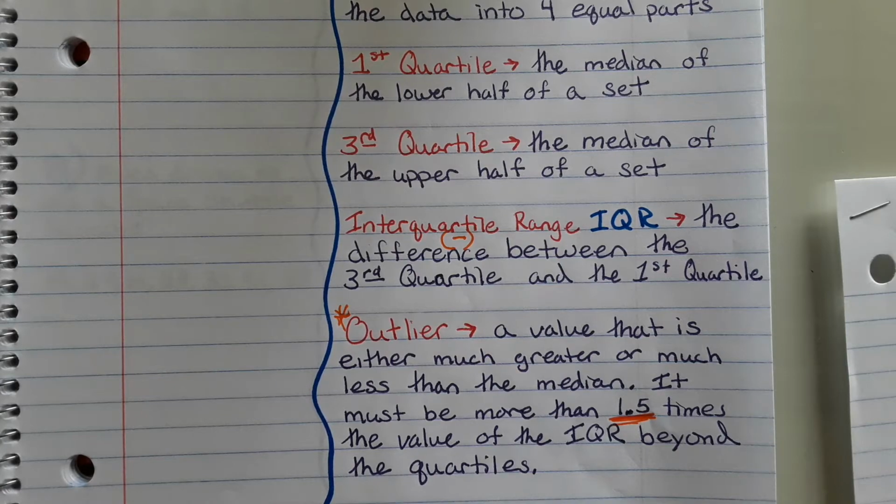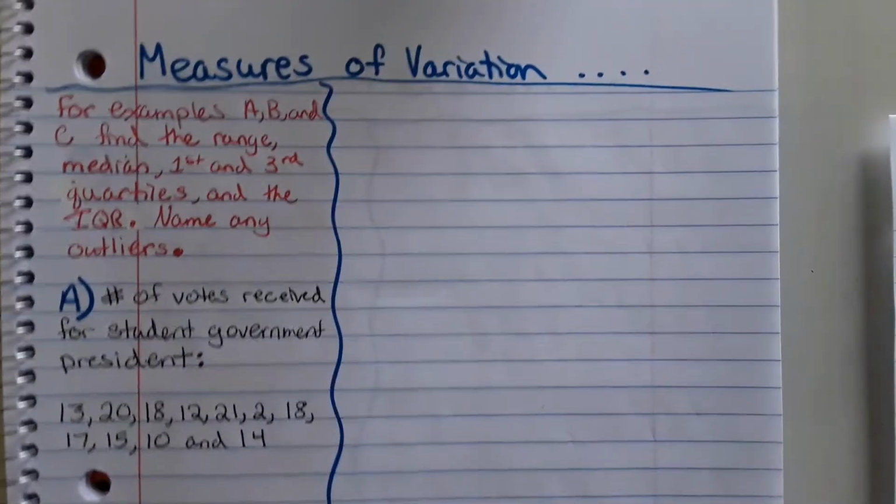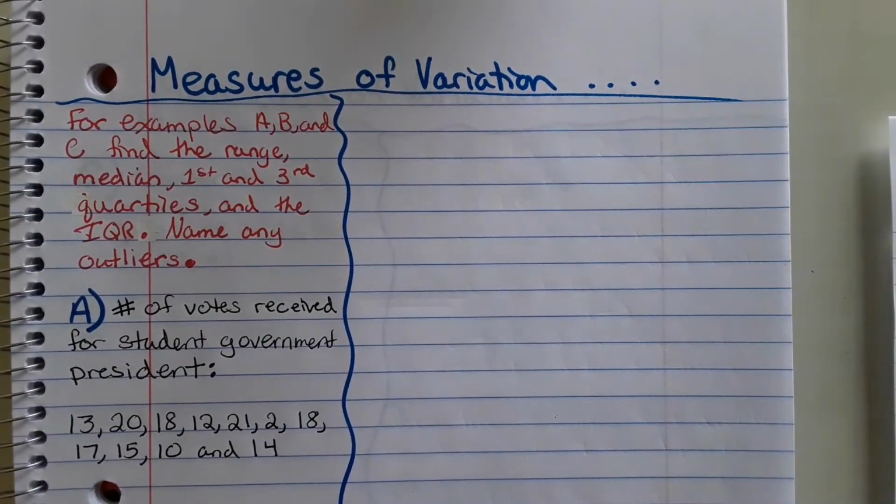All right, it's a lot of steps, but if we take them one by one, it's going to be easy to do. So, turning to my next page. Setting it up, here we go. For examples A, B, and C, we're going to find the range, the median, the first and third quartile, and the IQR. And then we're going to go about finding if there is an outlier.